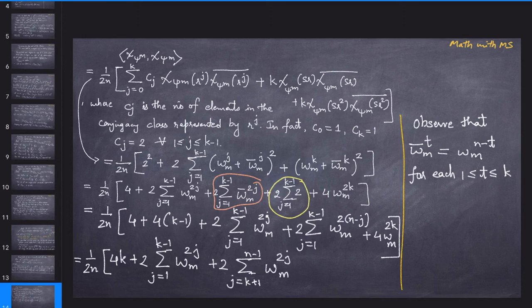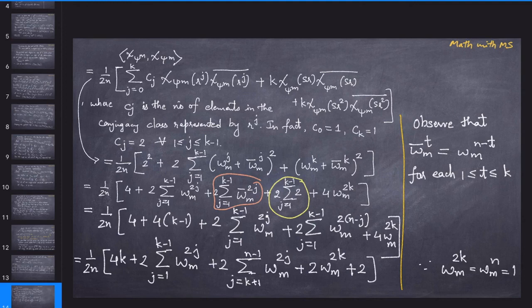All right, and now for the last term, which is 4 times omega m to the power 2k, I separate out 2 times omega m to the power 2k, so I write it as 2 times omega m to the power 2k, plus the remaining 2 times omega m to the power 2k is just 2, because omega m to the power 2k is nothing but omega m to the power n, which is of course 1.